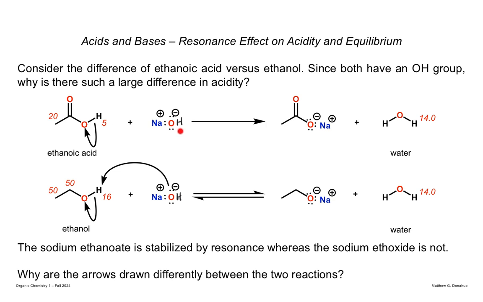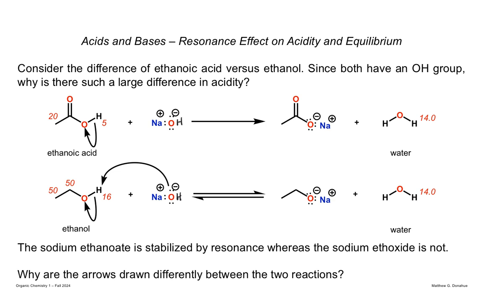So we're using sodium hydroxide in both reactions. And now what we're comparing is the effect of resonance on acidity. If you look at the two acids, we have ethanoic acid and ethanol.